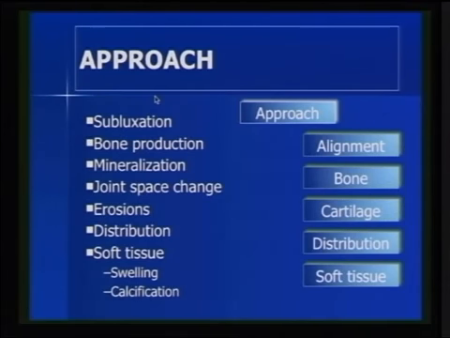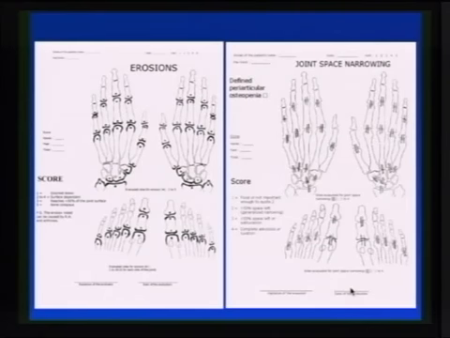If we concentrate on a systematic approach when reading the joints, go through A, B, C, D, S: alignment, bone, cartilage, which is the joint spaces, and then distribution, whether it is proximal or distal, and the soft tissue, whether there is any soft tissue swelling or soft tissue calcification, etc. You should analyze every joint as a separate joint, and there are many types of scoring systems that have been used for the evaluation of the joint spaces and arthritis cases.